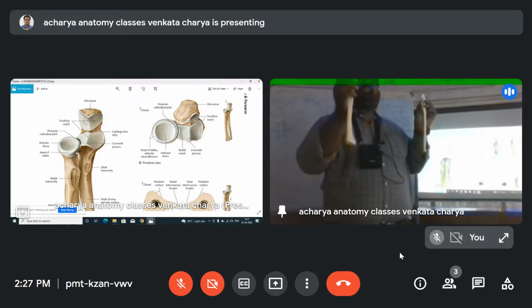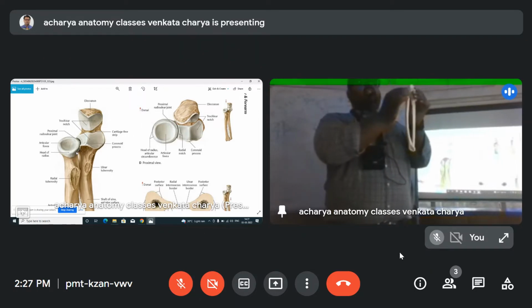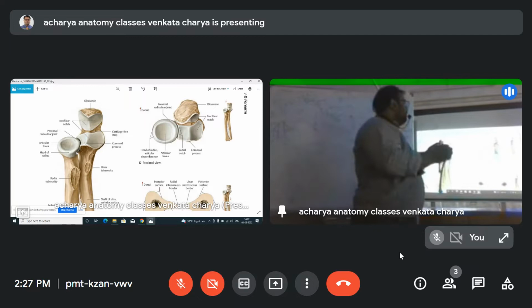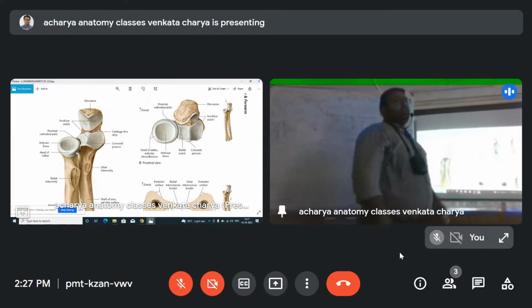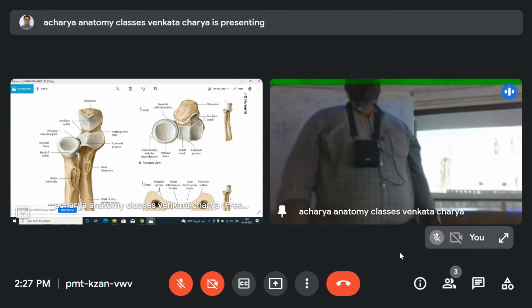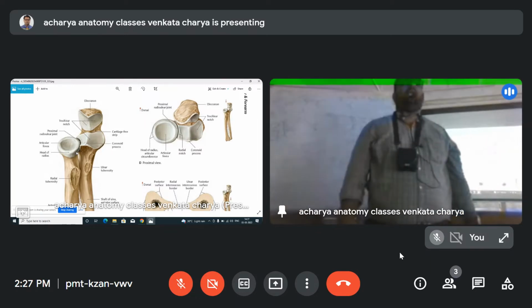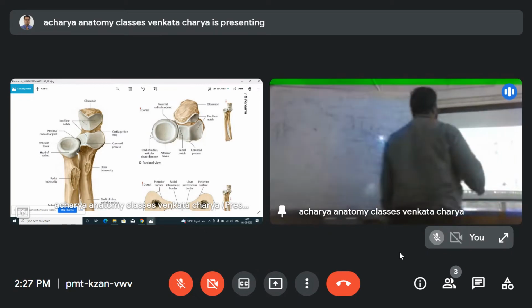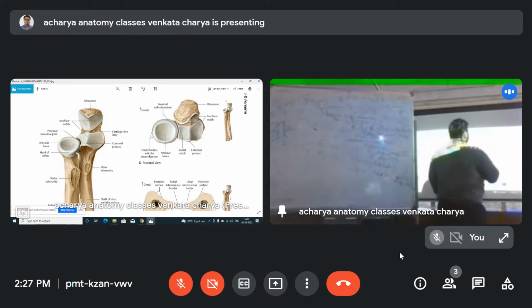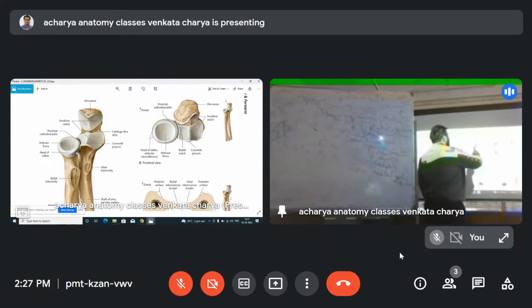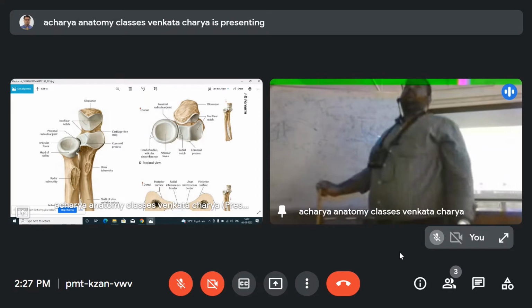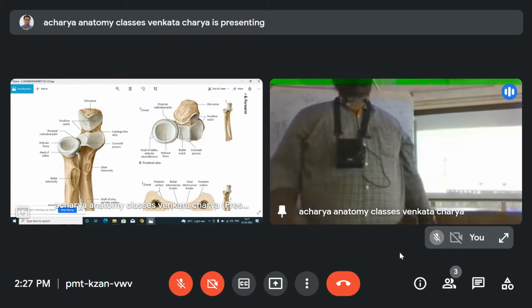This circumference of the head articulates with the radial notch of the ulna and forms a joint called the superior radio-ulnar joint, also called the proximal radio-ulnar joint.